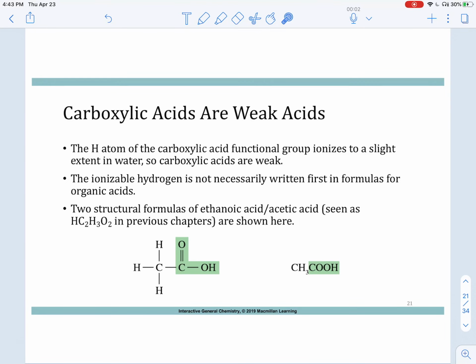Okay, so this is just mentioning what I mentioned before, that these are weak acids. So these are not all ionizable. It's the one right here. So when we draw these out in these types of formulas, we'll see the COOH group explicitly drawn like that to show that this is a carboxylic acid group. So this is acetic acid / ethanoic acid, and this is as well.